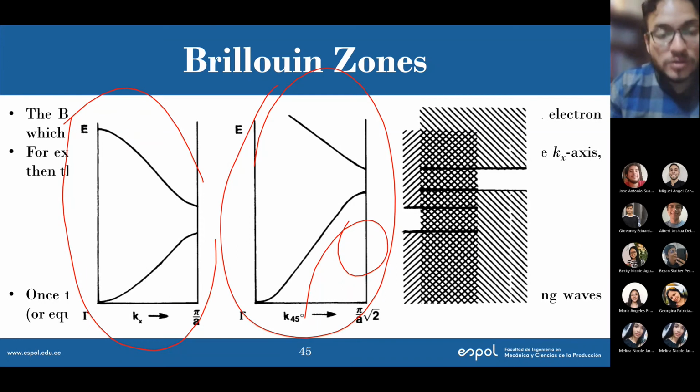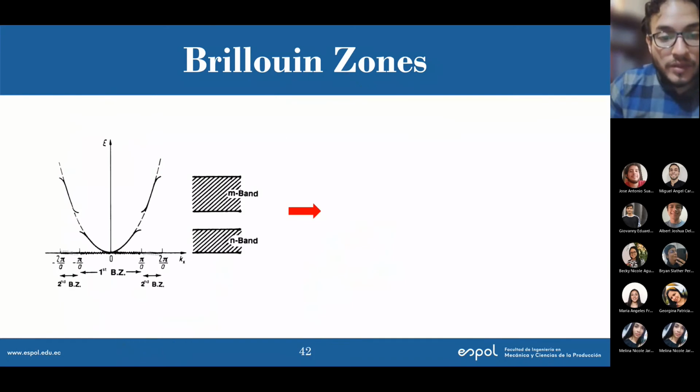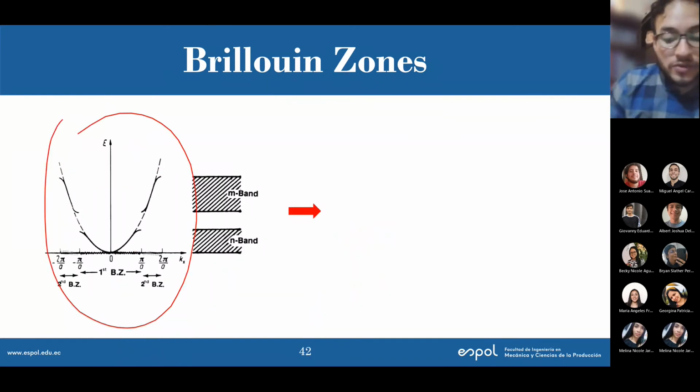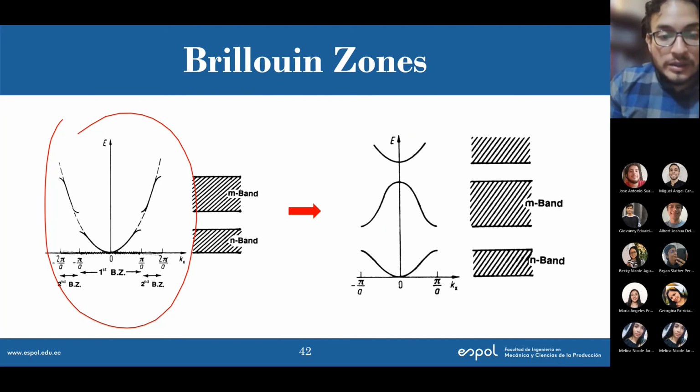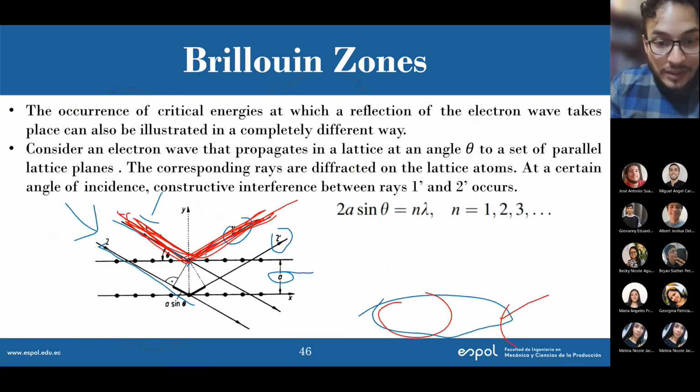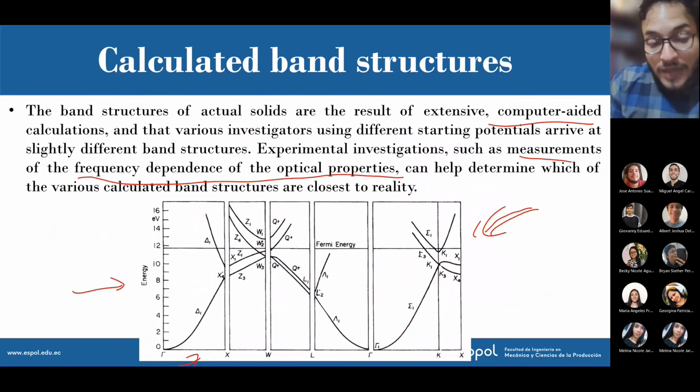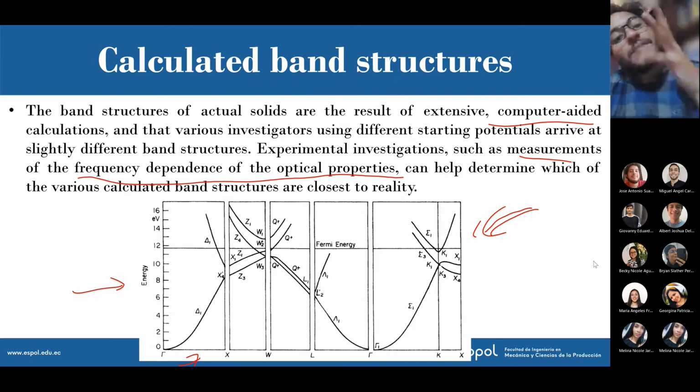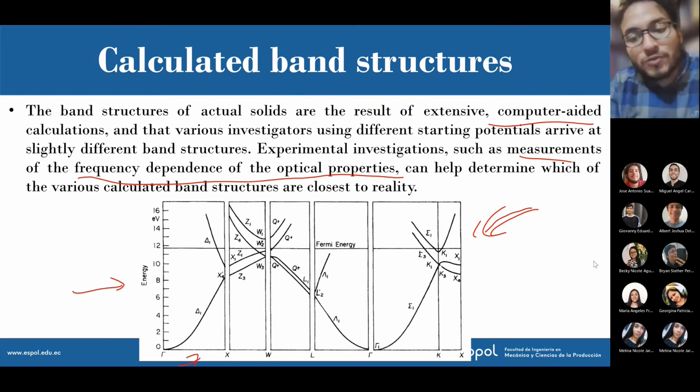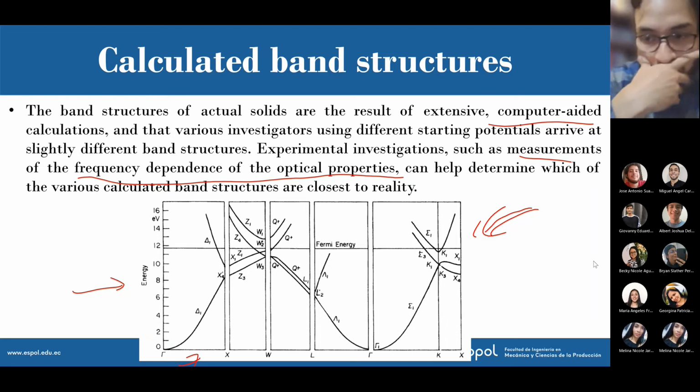The only thing that's changing is the same graph, but now it's represented for more k directions, but at the end it's the same graph. So what material do you think this band structure belongs to? What element?